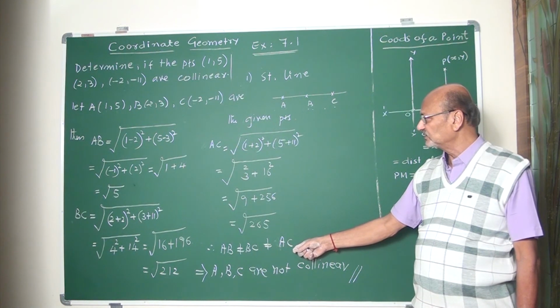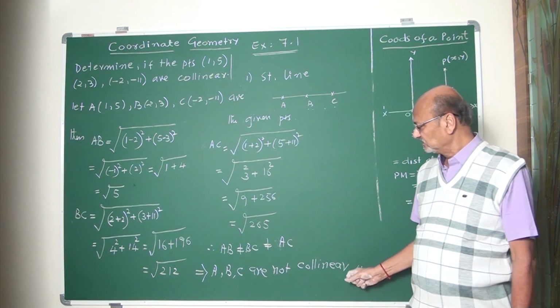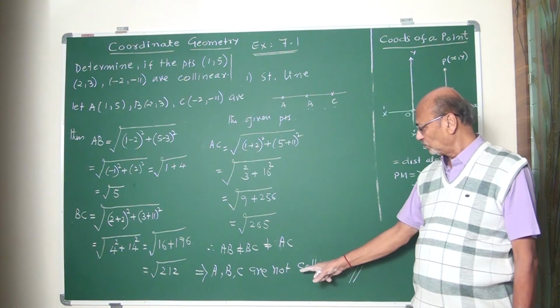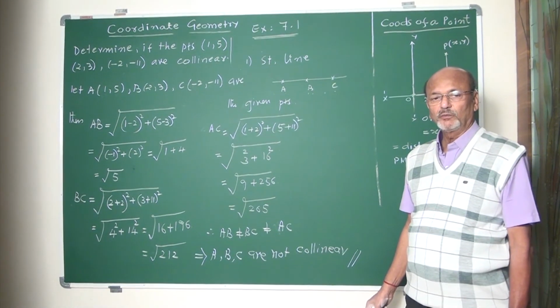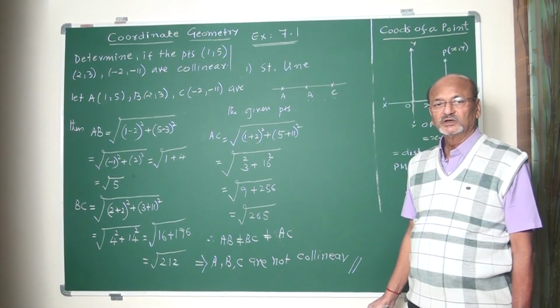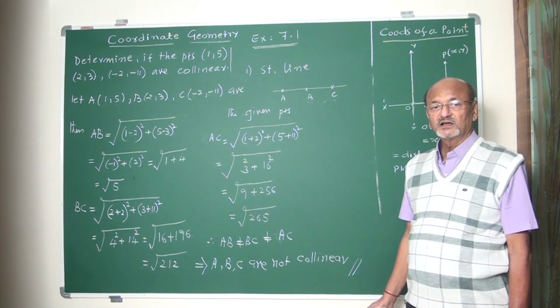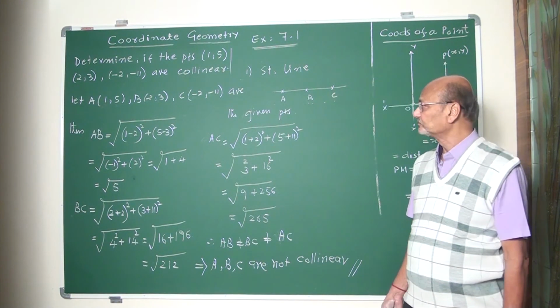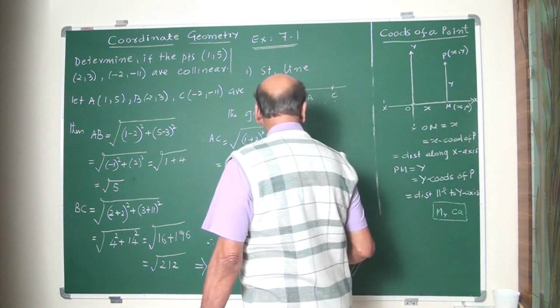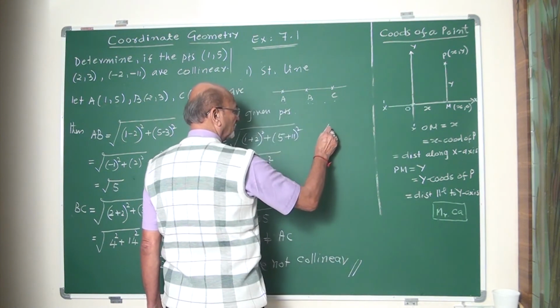All three distances are different. Hence, the points are not collinear. Like this, you have parallel examples in the case of a triangle and a quadrilateral.